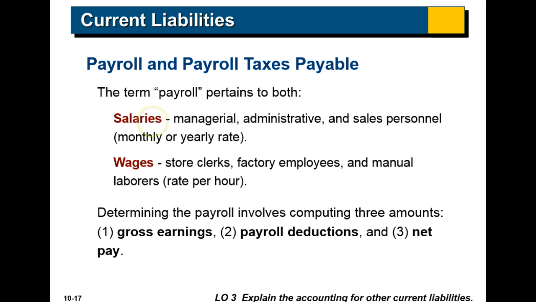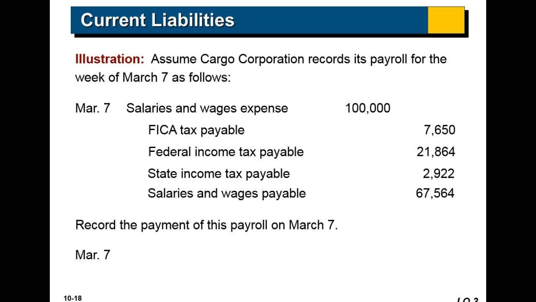So in dealing with payroll, we've got to learn a couple different items as it relates to various aspects of payroll expense. Cargo Corporation records its payroll for the week of March 7th as follows. Salary and wages expense of $100,000. Now that FICA tax, I was telling you that Social Security, that FICA tax payable is 7.65%, or $7,650.